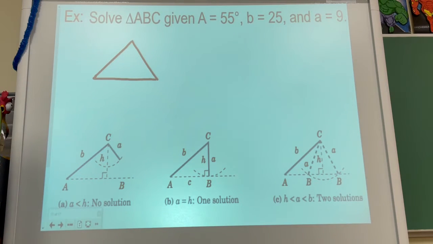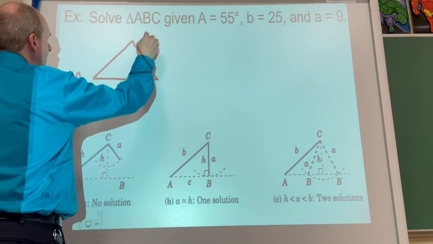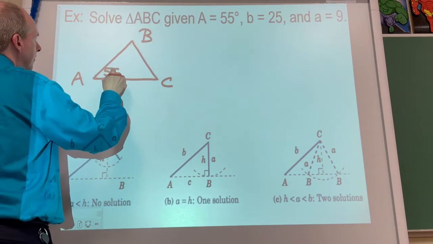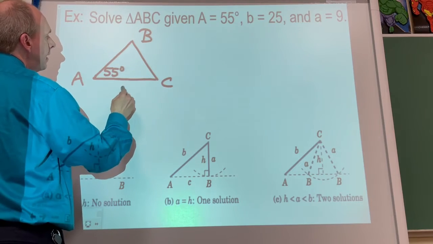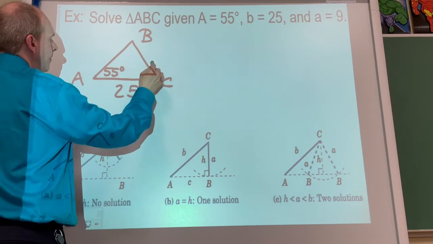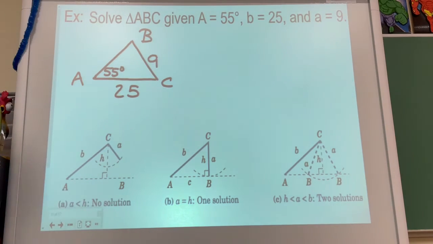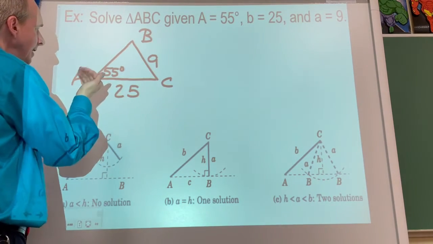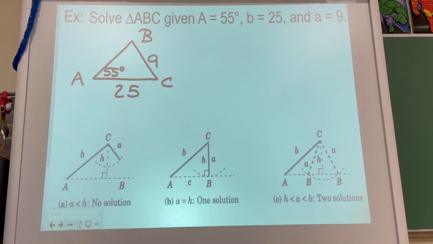That's not the point. The point is, can we just figure this thing out? So, A, B, C. A is 55 degrees. B is 25, A is 9. What you have is side, side, and an angle.